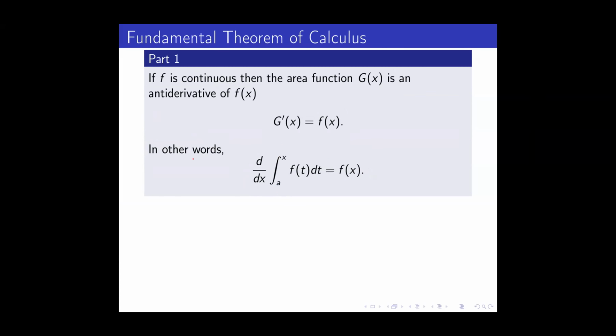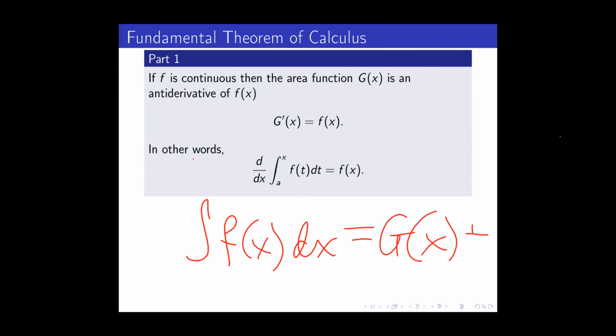So G of x is defined as the definite integral of f for each x, and the function that you obtain turns out to be an antiderivative of f. In particular, it follows that the indefinite integral of f is G of x plus c.